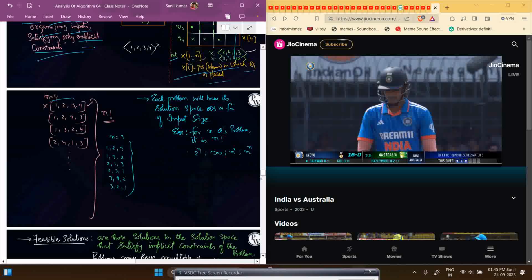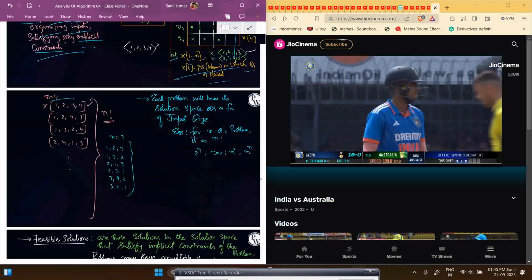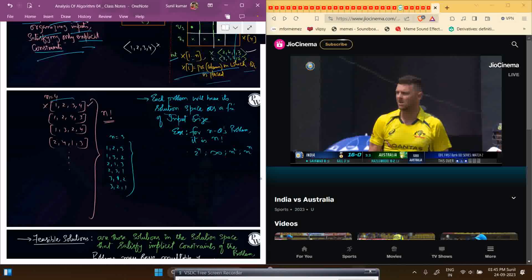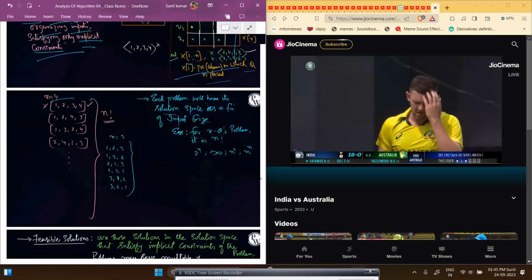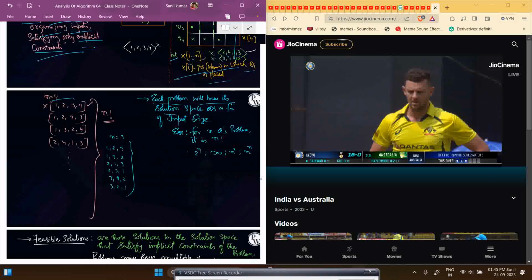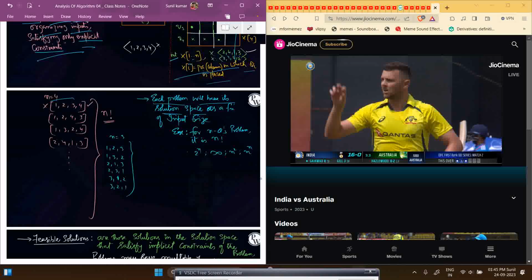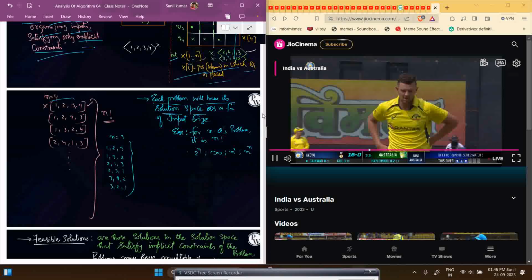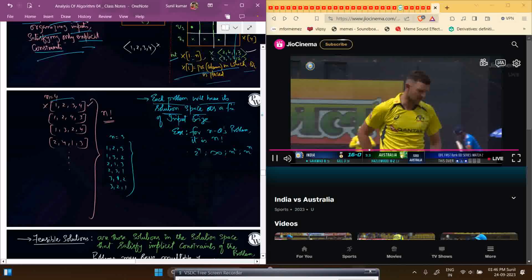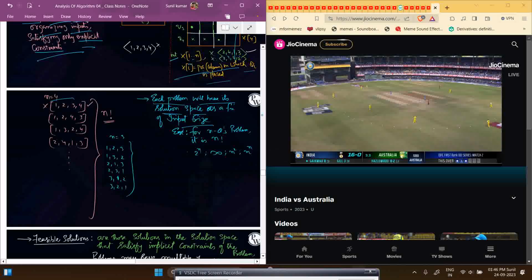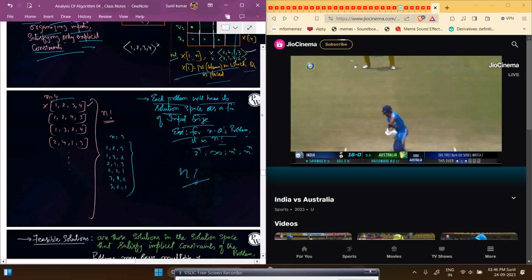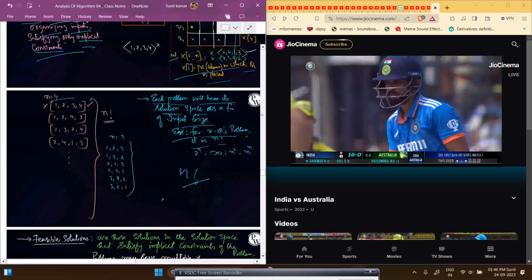Each problem will have its solution space as a function of input size. For the N-Queens problem, it is n factorial.